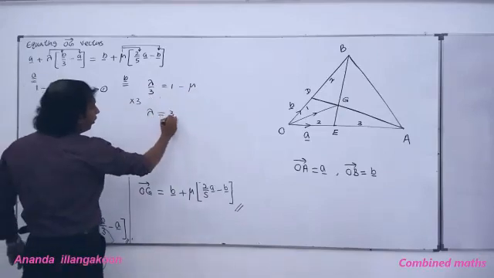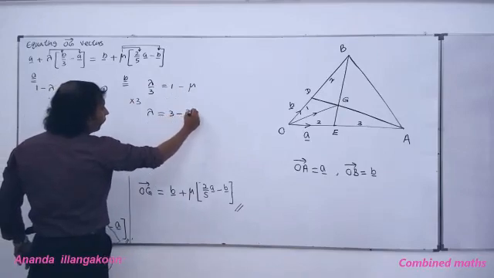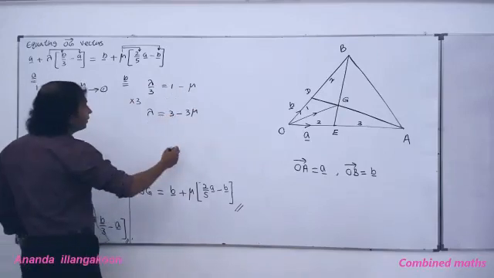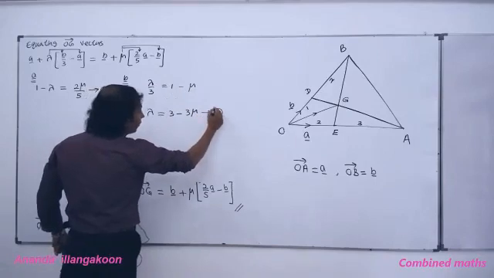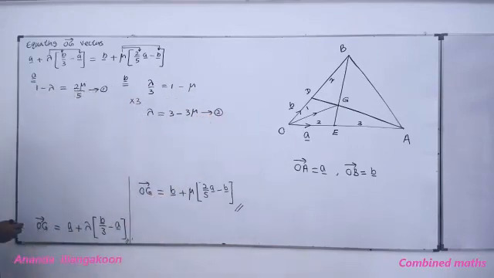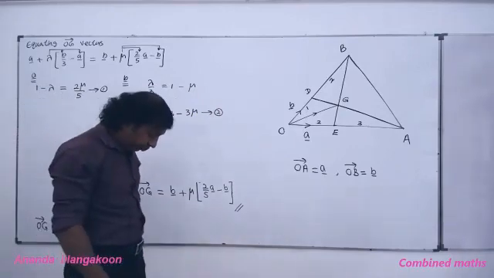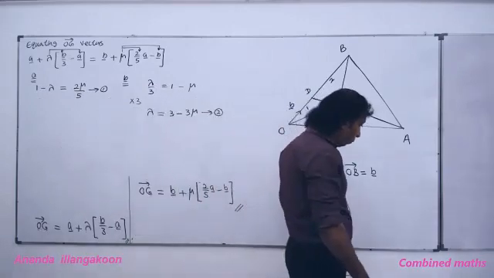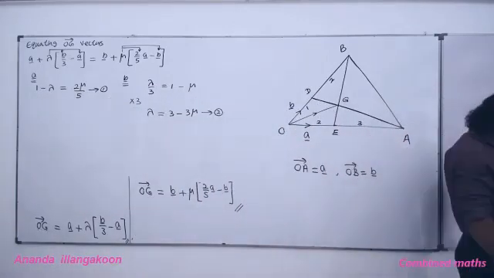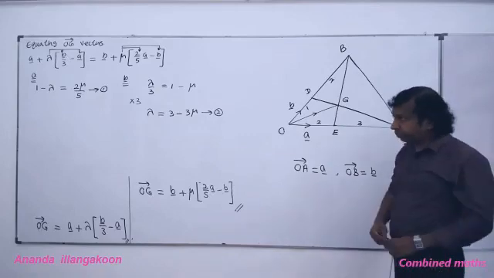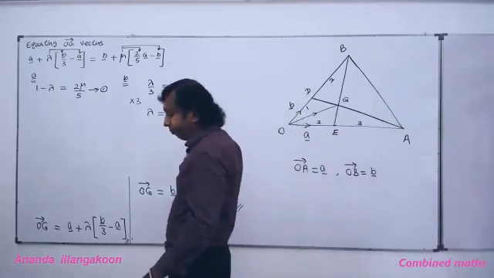Then 1 into 3 is 3 minus 3 mu. I take this as our equation number 2.